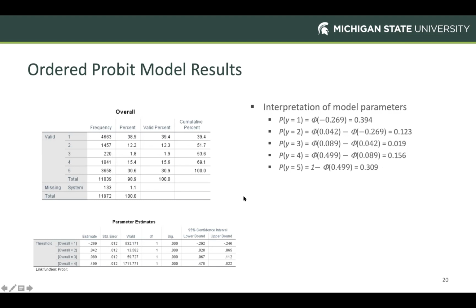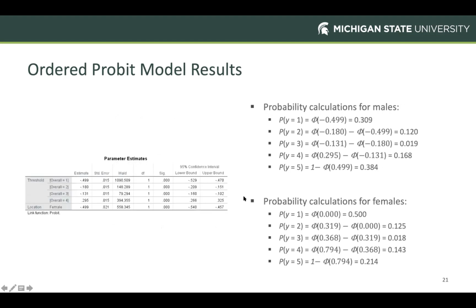Now we'll revisit the same example if we consider the effects of gender. You'll notice these parameters have now been rescaled to a degree, and so that female parameter, instead of being minus 0.8, is going to be minus 0.5. As a general rule of thumb, that rescaling is roughly 1.6.